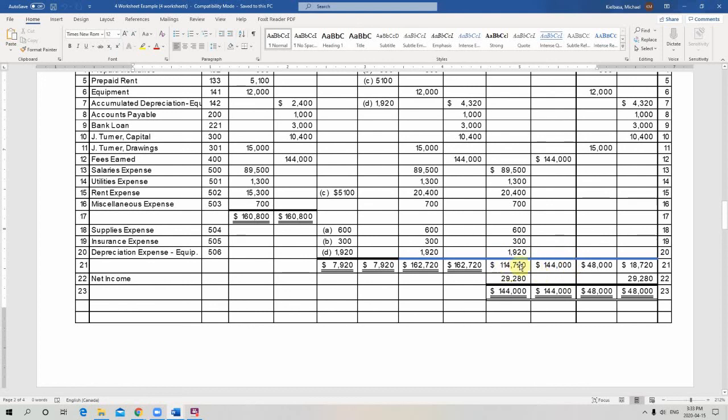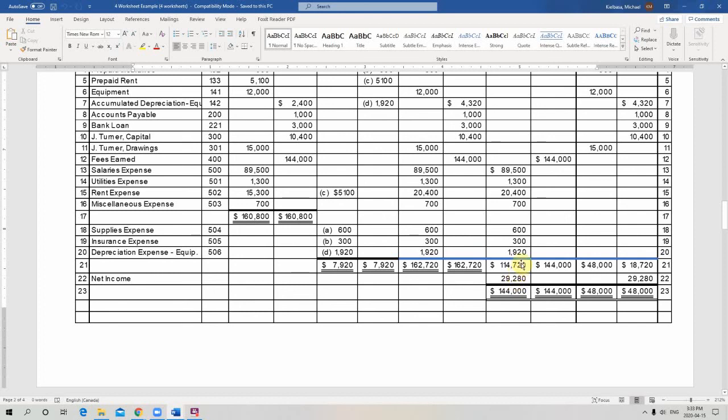And you'll notice that these two totals don't balance. Neither do these two. They're not supposed to. The reason is because we haven't accounted for the difference, which is either the net income or the net loss. Now, the general rule is to add the difference to the smaller amount.